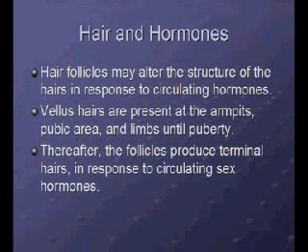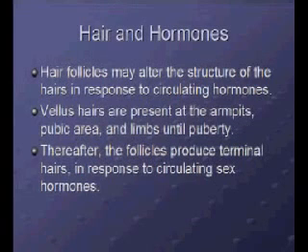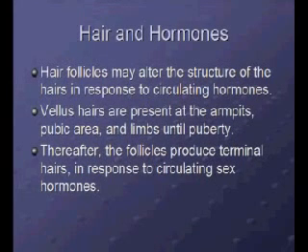Now, hair and hormones. Hair follicles may alter the structure of the hairs in response to circulating hormones. Vellus hairs are present in armpits, pubic area, and limbs until puberty. Thereafter, follicles produce terminal hair in response to circulating sex hormones.